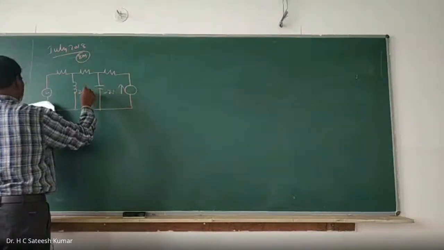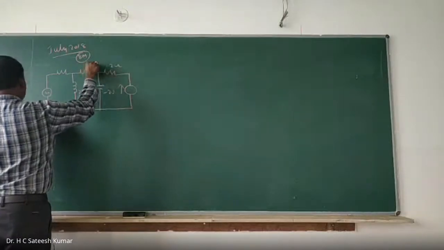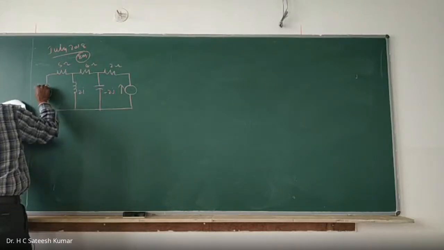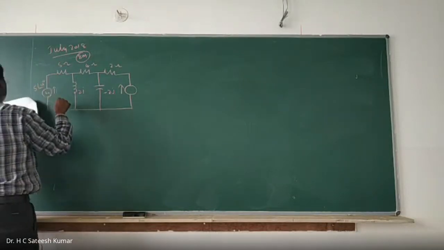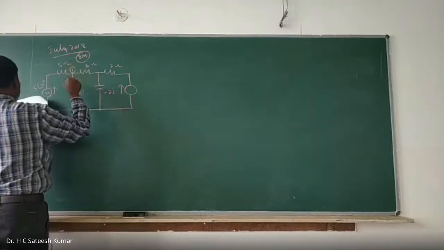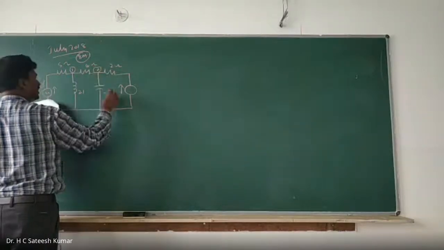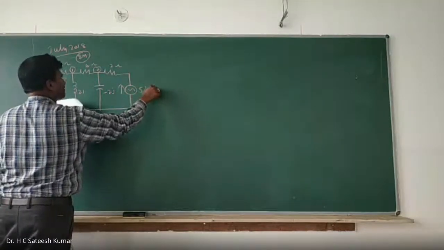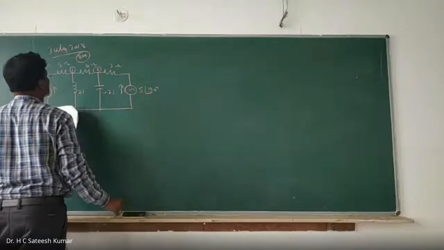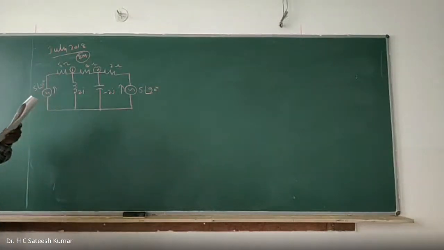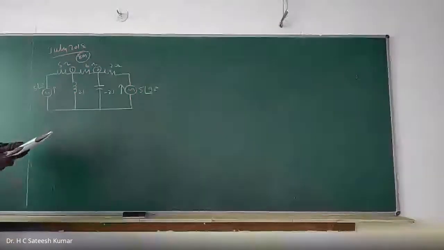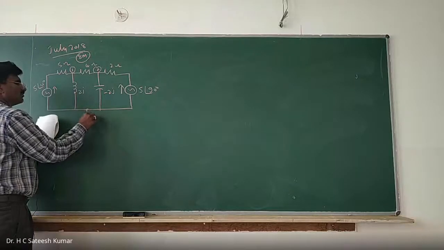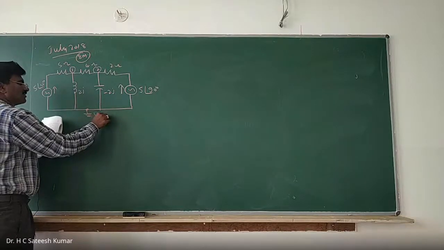The circuit has minus 2j, 2 ohms, 4 ohms, 5 ohms, a 5 at an angle of 0 degree source, and an AC source of 5 at an angle of 90. Nodes are marked 1 and 2. Determine the node voltages using nodal analysis. That means we'll have to find V1 and V2, and the ground node V3, which is equal to 0.